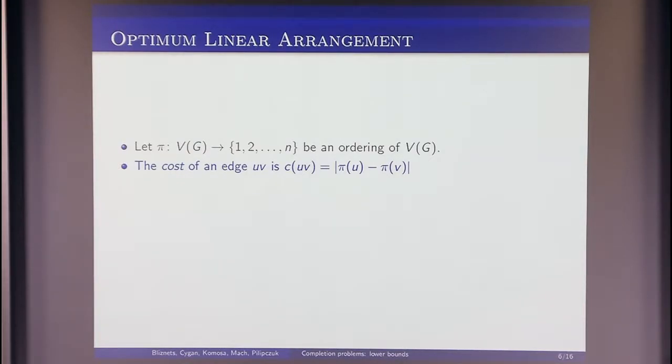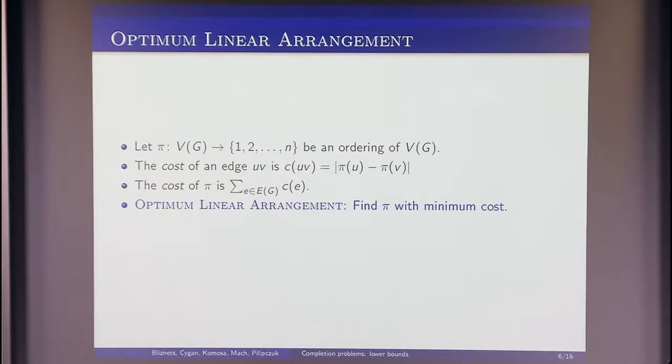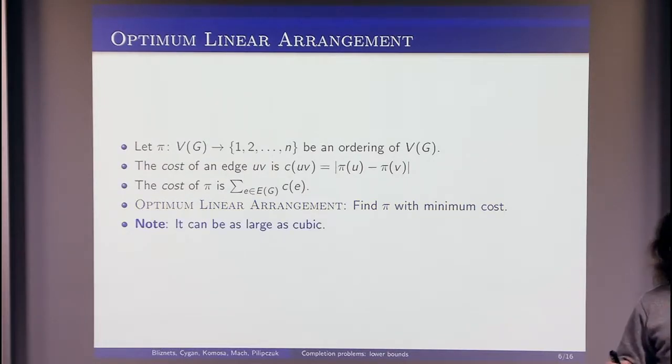This is the cost of my edge. The cost of the ordering is simply the sum of the costs of edges, and the optimum linear arrangement problem asks for an ordering of minimum possible cost. Note that this minimum possible cost can be as large as cubic if you have a dense graph, because then you have n squared edges, and each of them can have stretch up to n.